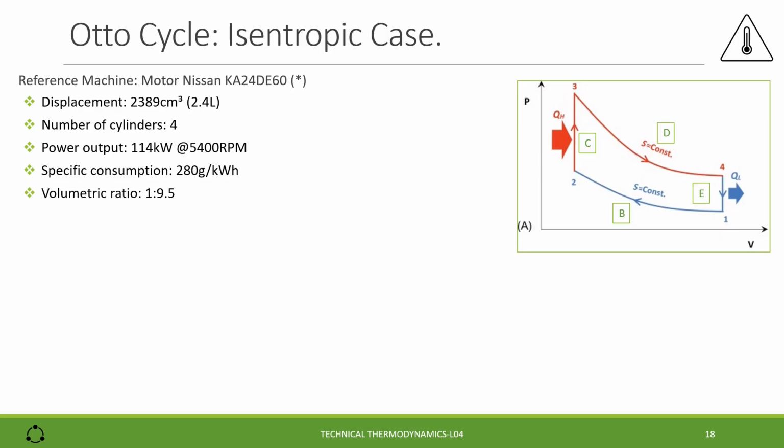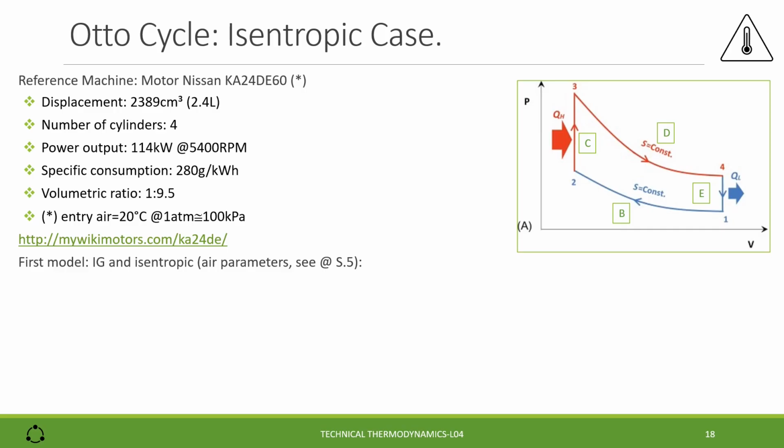The volumetric ratio is 1 to 9.5, and the reference condition for those performances is entry air at 20 centigrade and atmospheric pressure, let's say 100 kilopascal. In the video comment and also here in the presentation, we leave the reference of the given motor data.